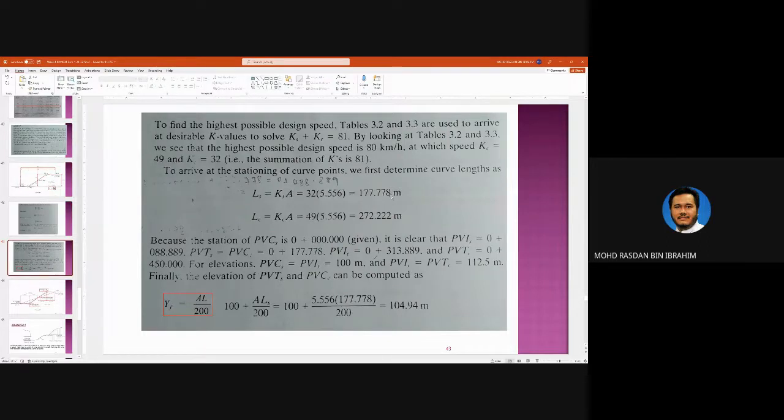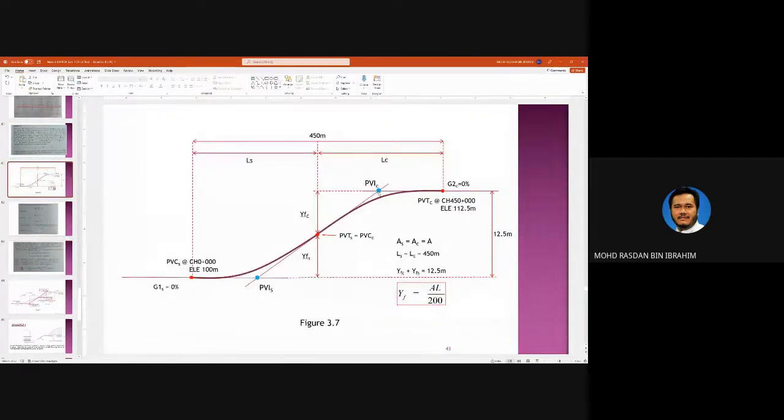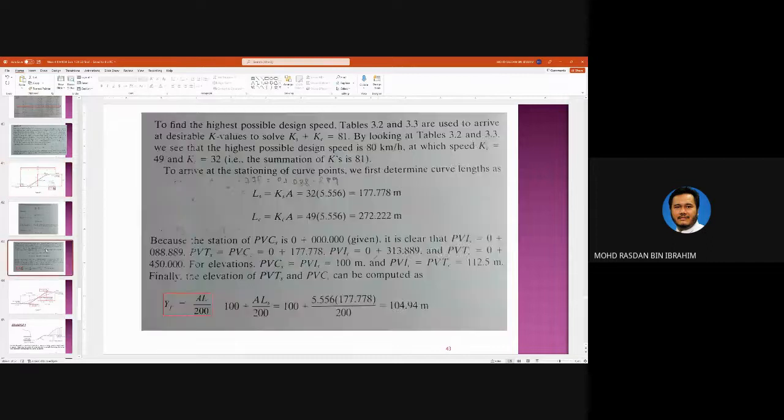And the next PVI is at chainage 313.889, near the middle here, which is related to this Lc. And the last PVT point must be 450, because the length you are given is 450 meters.